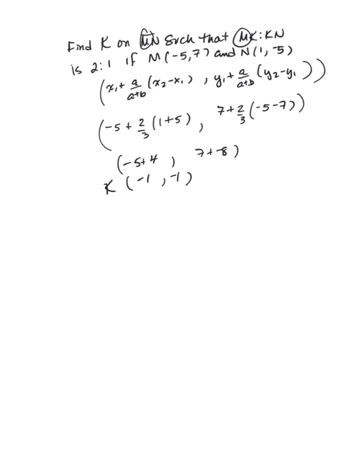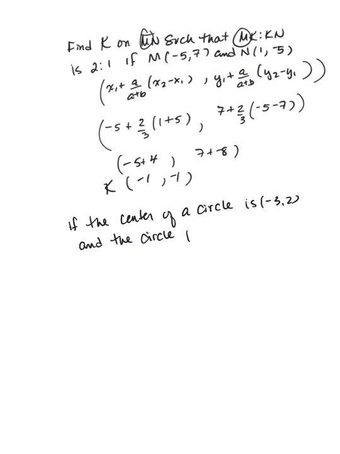So let's say they say, if the center of a circle is -3, 2, and the circle passes through 4, -1, find the other endpoint of the diameter.